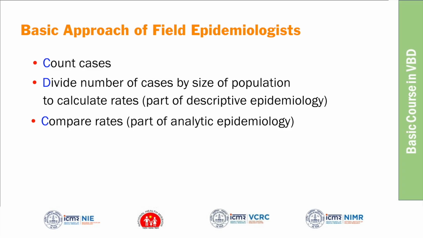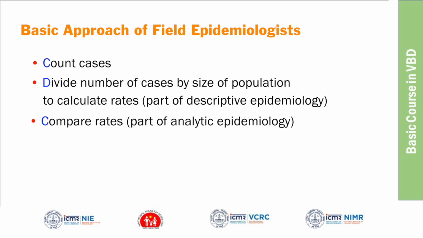For example, if you are interested in identifying what is the prevalence of hypertension in a given population, first you will have to go and count the number of individuals who have hypertension, and then you have to divide that number by the total number of individuals who are likely to develop hypertension or who are at risk of hypertension. And then if you want to see how hypertension prevalence is in different districts in Odisha, then you have to compare those prevalence measures.